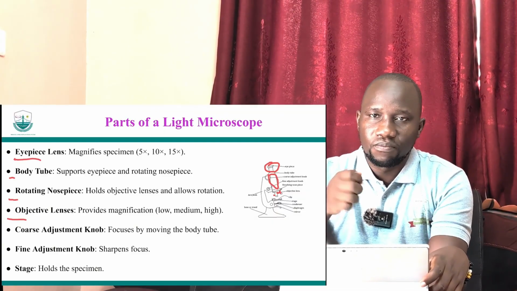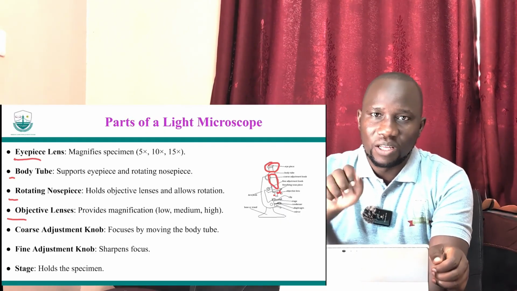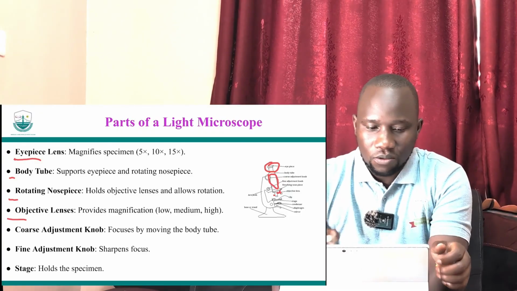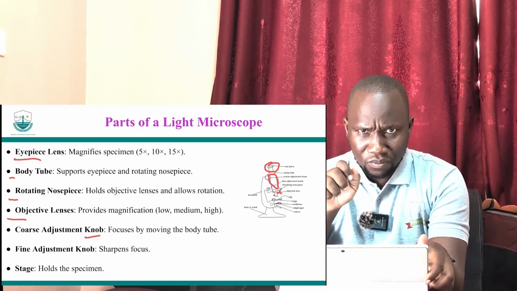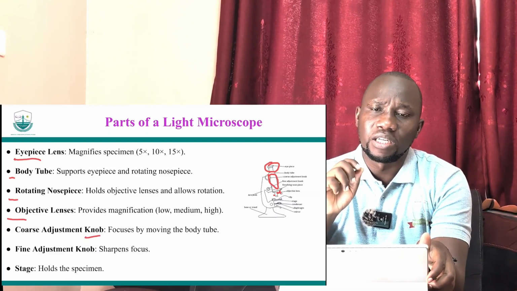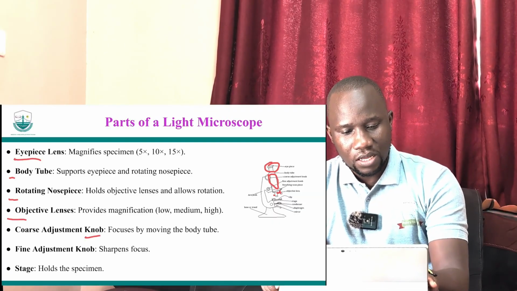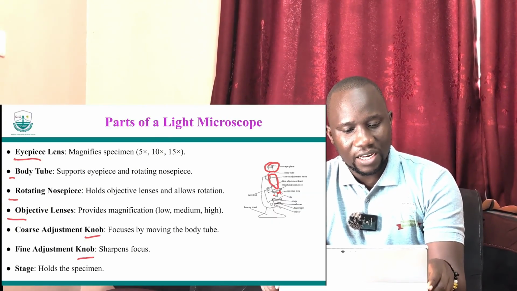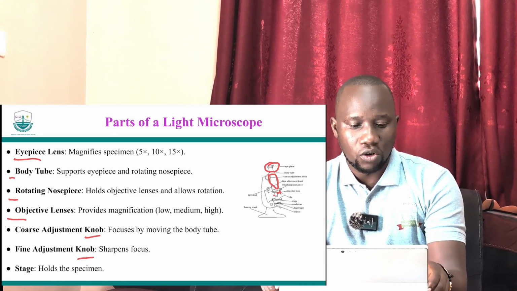And then we have knobs. They are of two types. If you hear the word knob, it means this is a piece that you can adjust. So we have two knobs: the fine adjustment knob and the coarse adjustment knob.